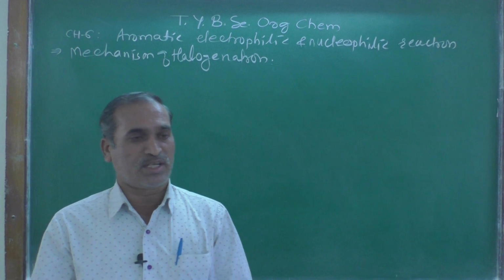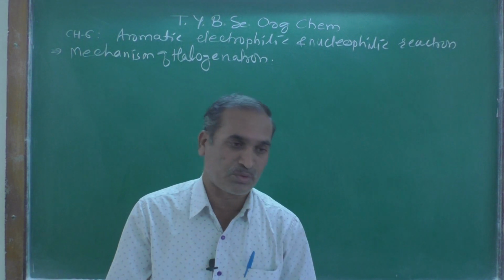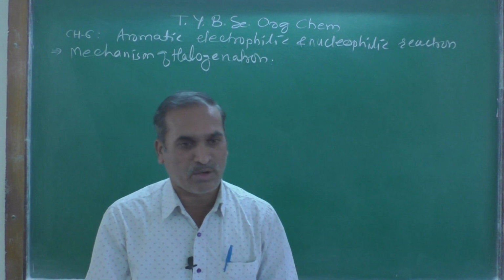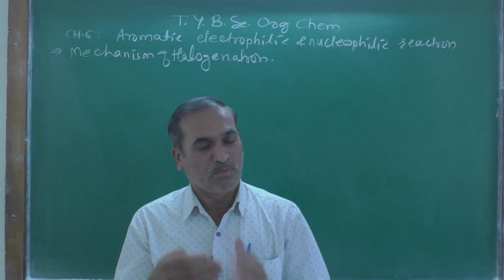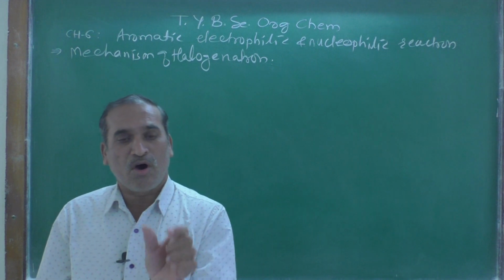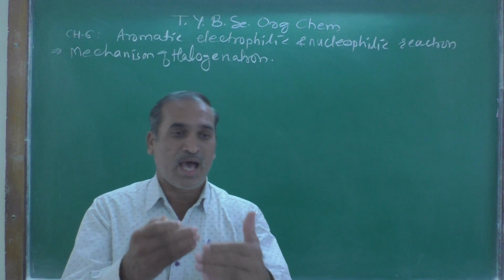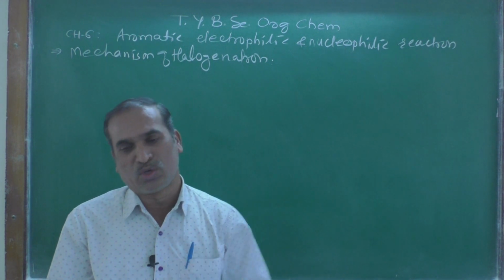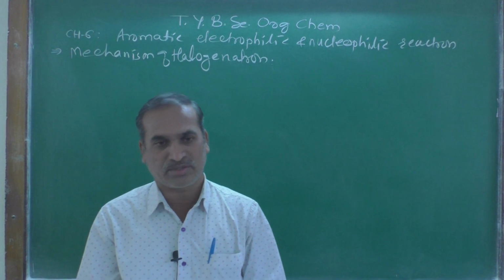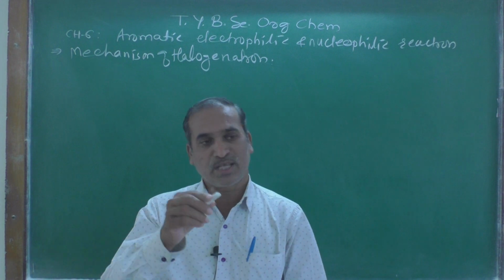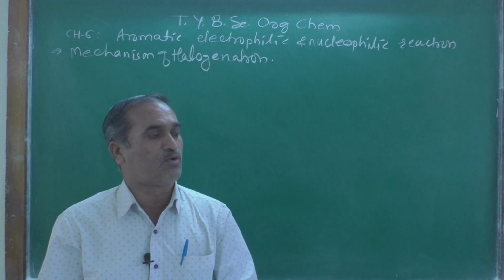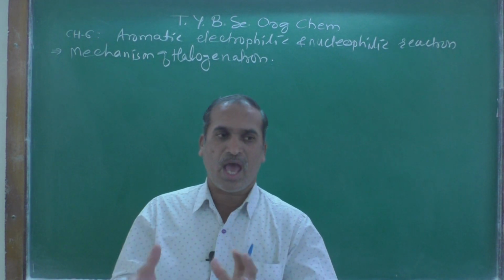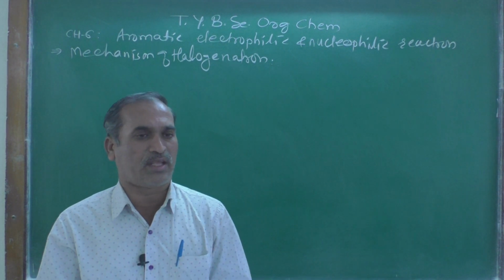Again, halogenation is an electrophilic substitution reaction in which one or more hydrogen atoms of the aromatic nucleus are replaced by a halogen atom. And in halogenation, X is fluorine, chlorine, bromine and iodine.